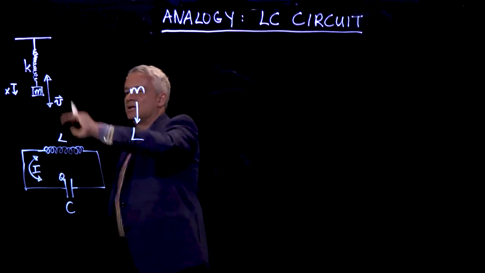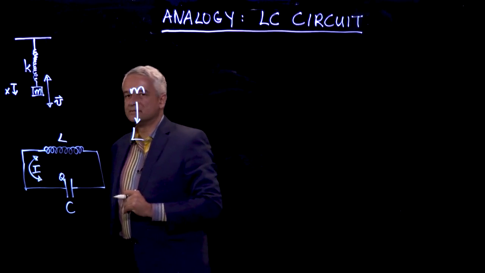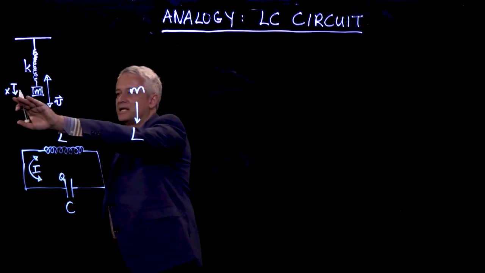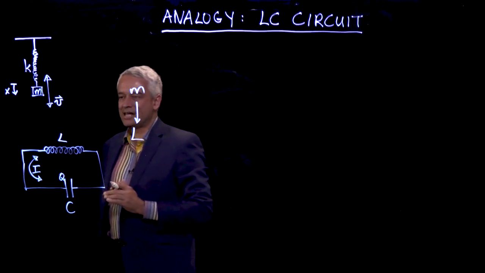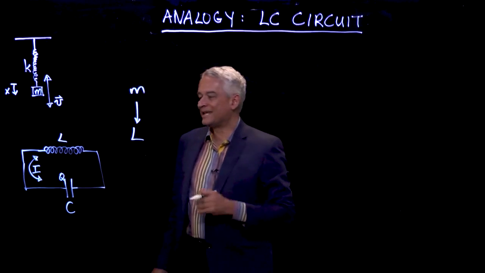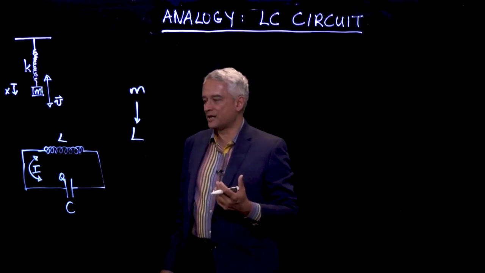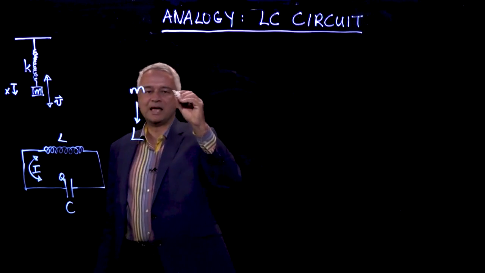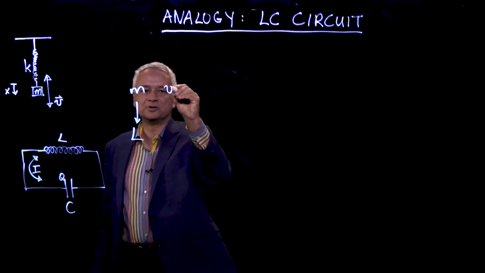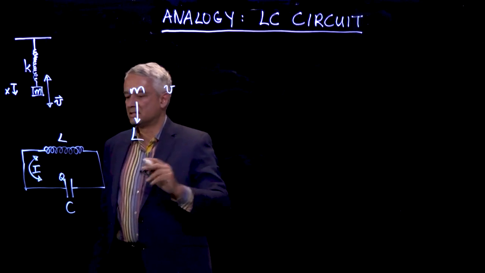And as this mass moves, it has a velocity, it has a position. We saw in the analogy that kinetic energy was analogous to magnetic energy, and that suggests that the velocity of the mass is analogous to the current.